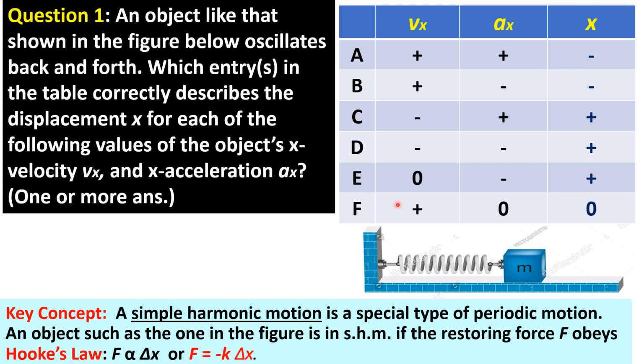And the last option, F, if Vx is positive and Ax is 0, then the displacement must be equal to 0. So, which among these can be considered a correct description for the displacement of the body x? We need one or more answers.